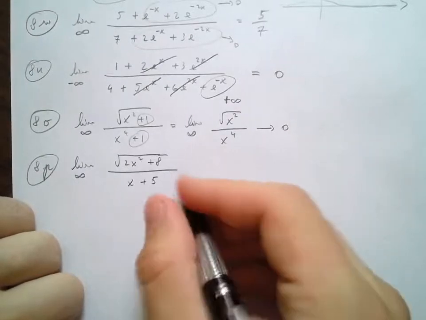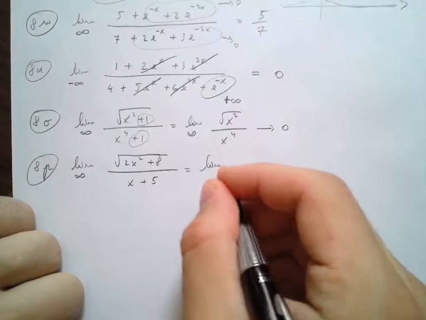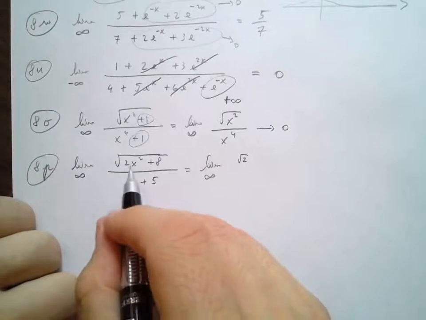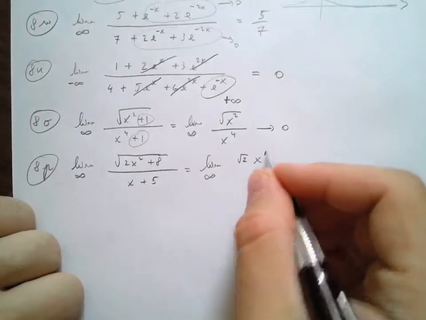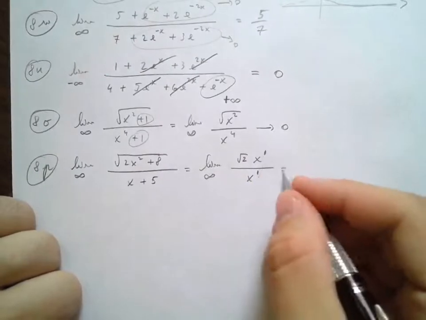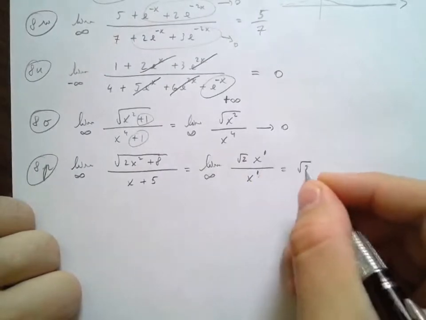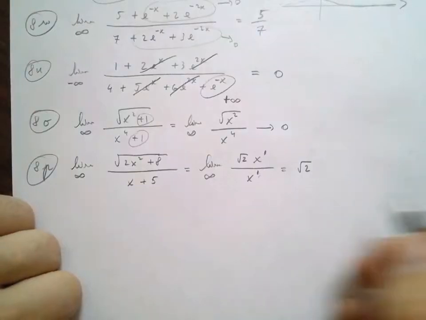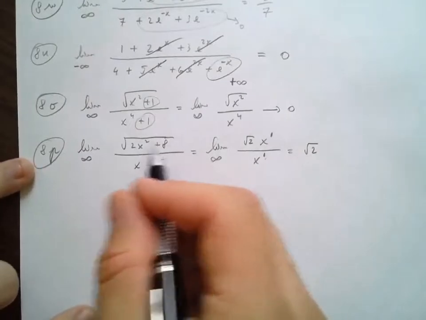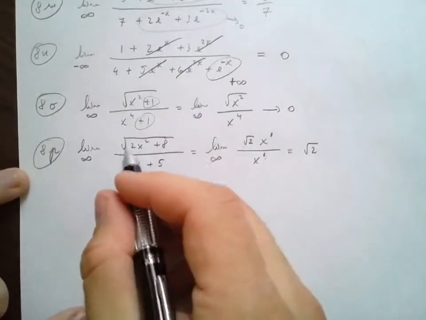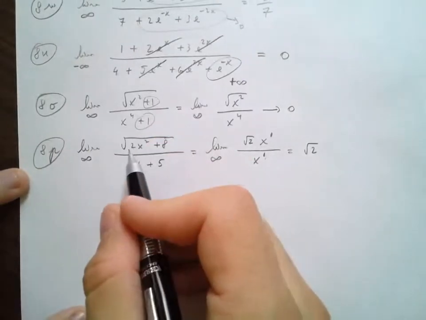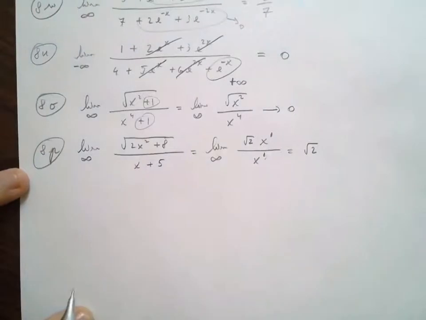And once I apply the square root, this is going to behave just like square root of 2, so the constant stays, x to the 1st once I take the square root, over x to the 1st. And of course the exponents match, so I take the lead coefficients ratio, so it's just the square root of 2 over 1, or square root of 2, and that's my limit. So the thing to realize here is once I apply the square root on top, after I ignore the lower order terms, this is acting just like square root of 2 times x to the 1st.